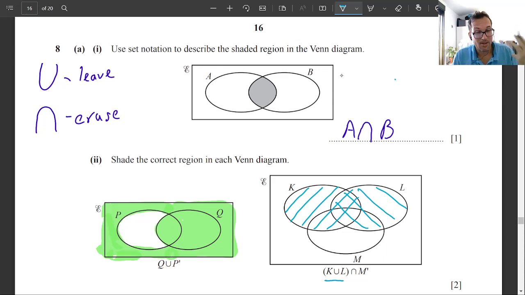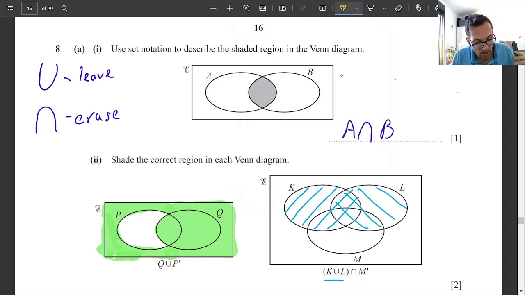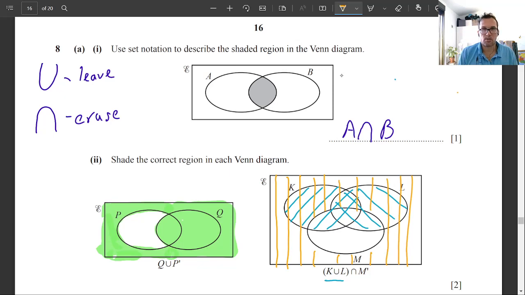Then we go to the next part, which is intersect with the complement of M. So this time let me use a different color. Let's shade everything that's a complement of M. So that means everything that is not M. And again, we ask ourselves, do I leave it or do I erase anything? And this time it's intersection. It has to be in both. So this time we are going to erase everything that is not overlapping.